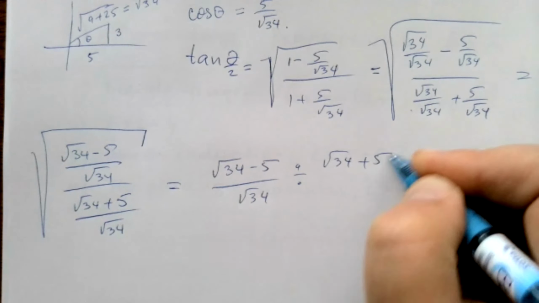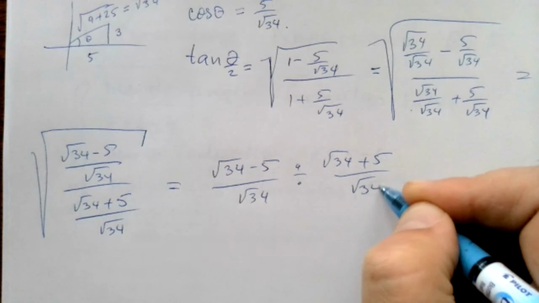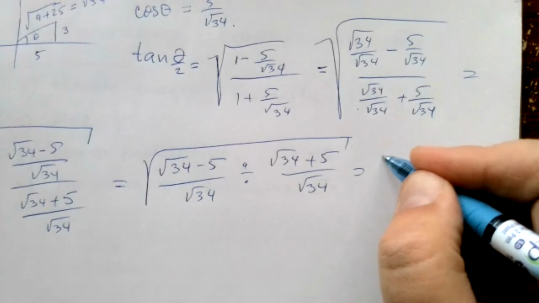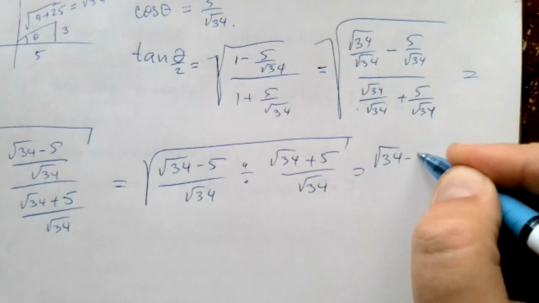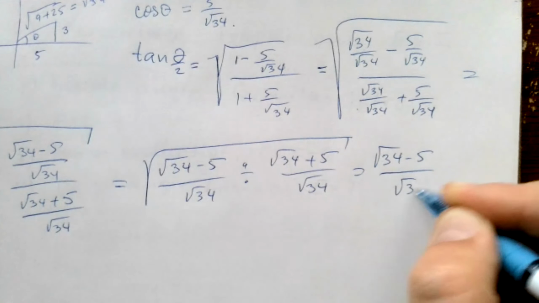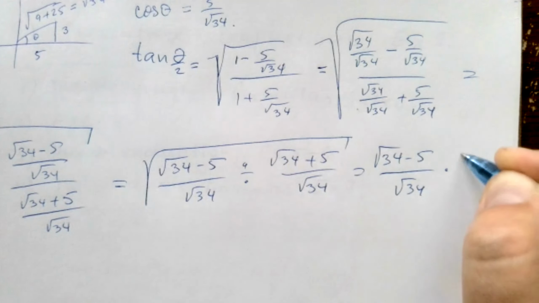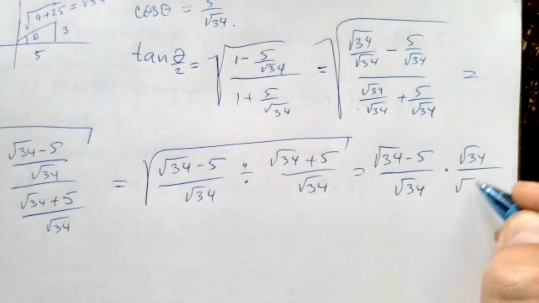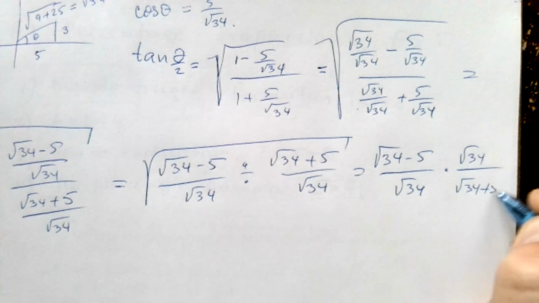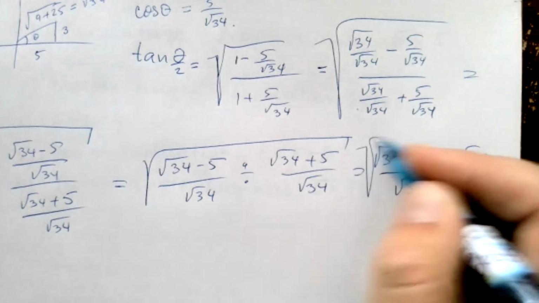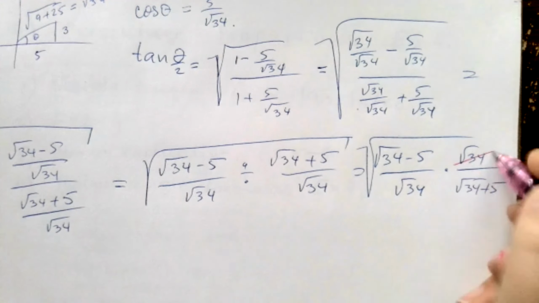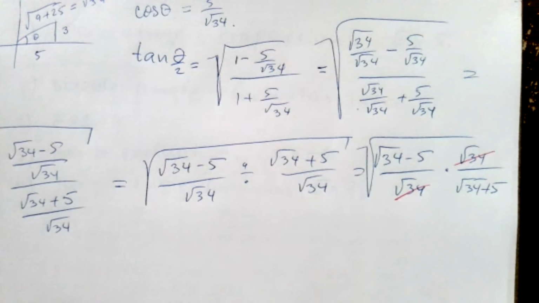And then I'm going to apply the rules for division of the fraction. So I'm going to flip them. Flip the second one. And what's going to happen is that we're going to have a similar factor on the top and on the bottom, which will cancel out.